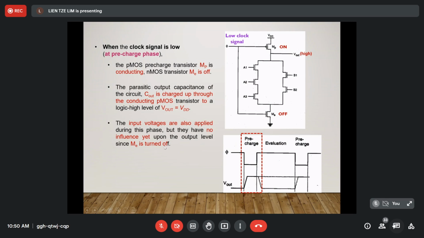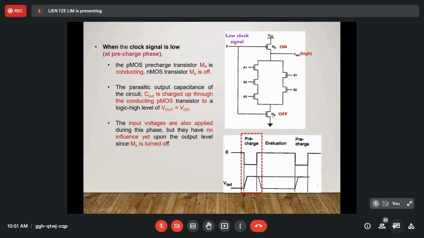So at the pre-charge phase, only the PMOS is turned on. The output will be influenced by the on state of the PMOS.